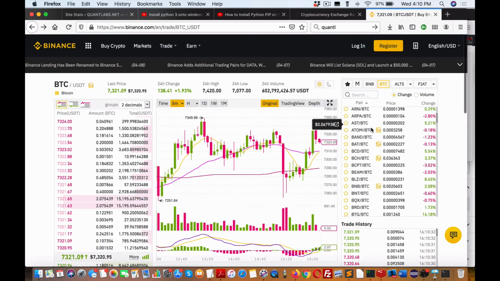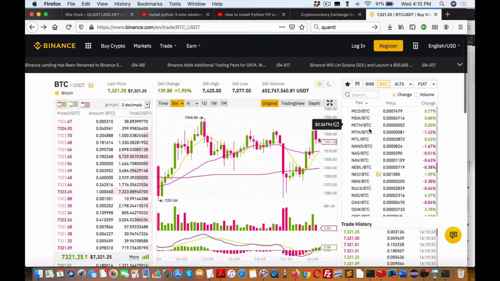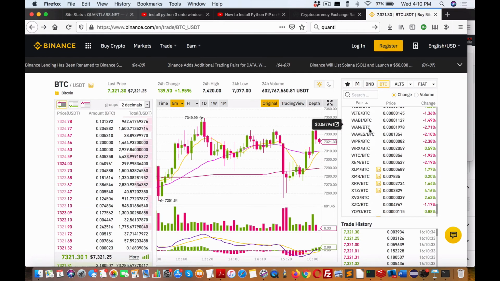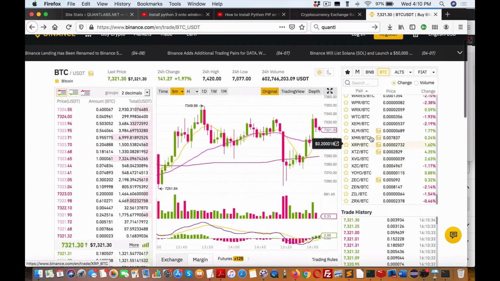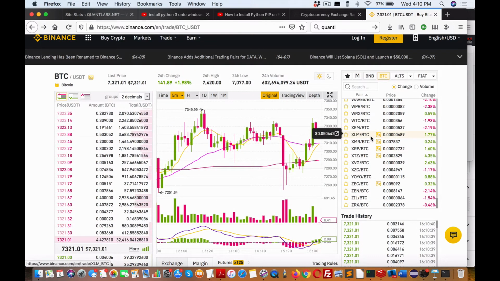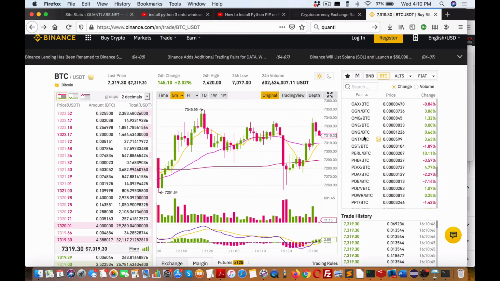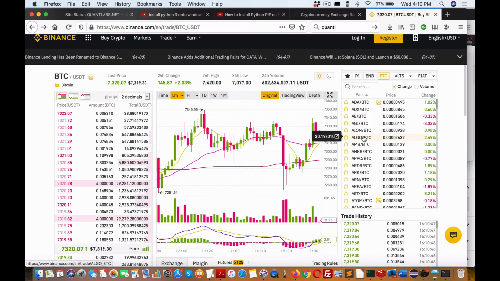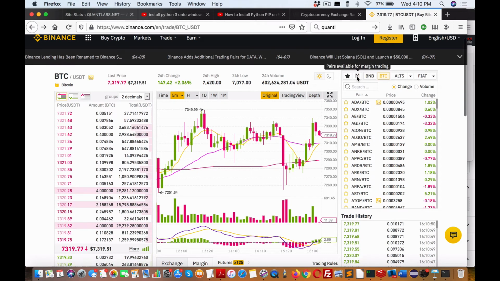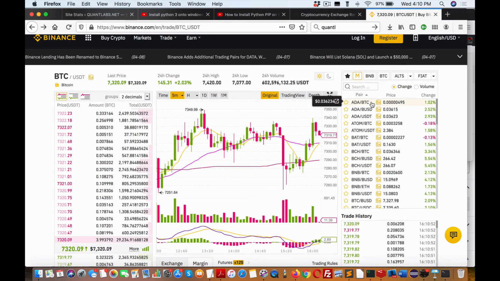We have all these coins available here. It's so many. You have different ones in a Bitcoin market. You can see here we have BNB, BTC, alts, and fiat. So let me walk you through this. So the largest market here, okay, these are the largest markets.